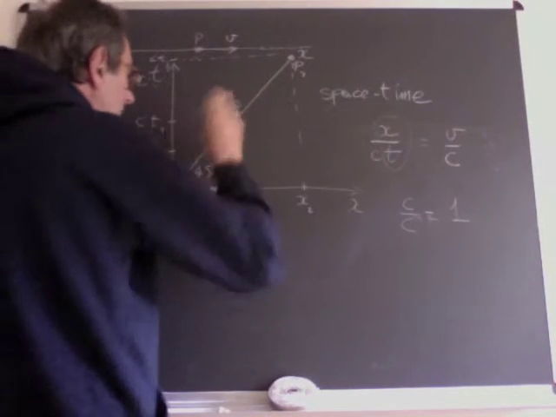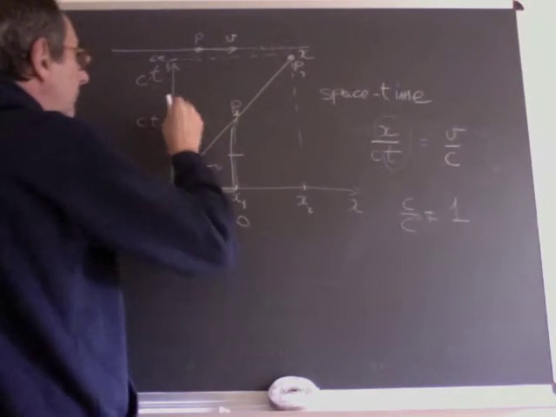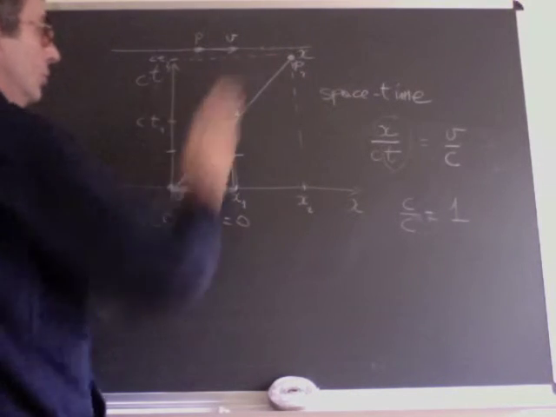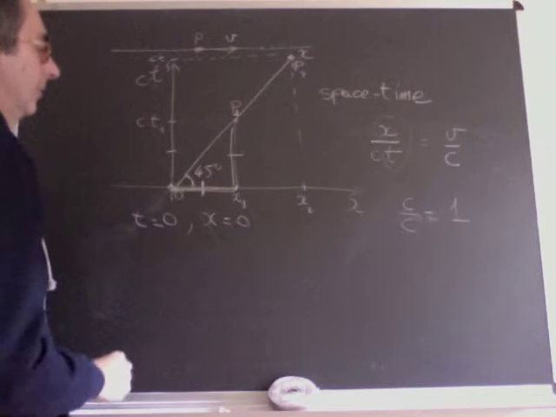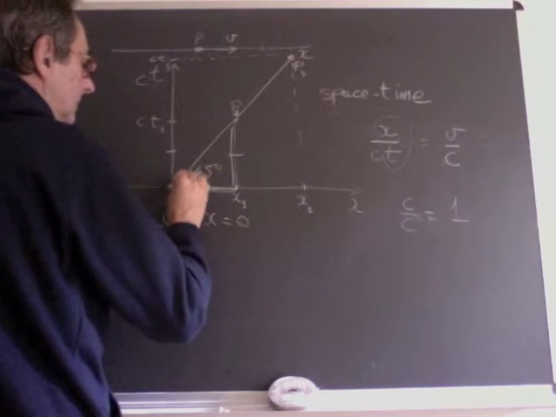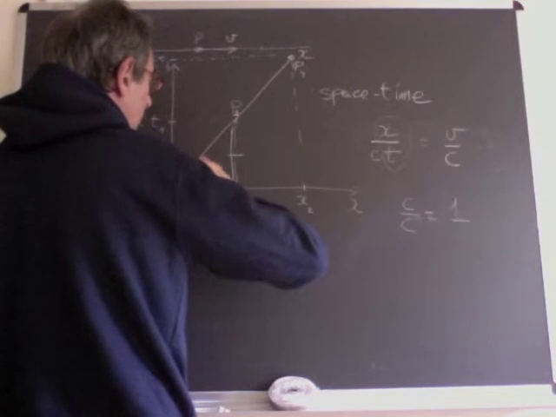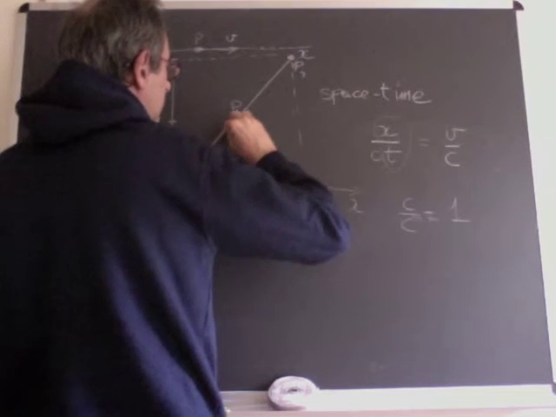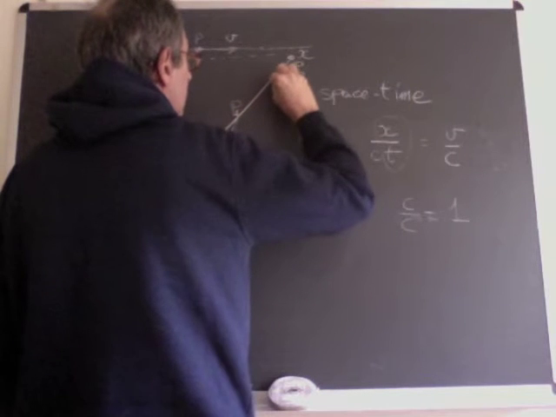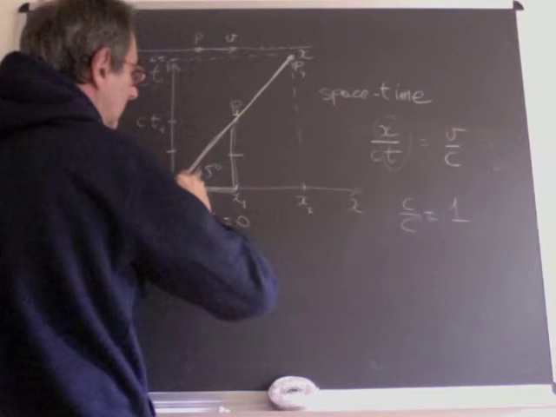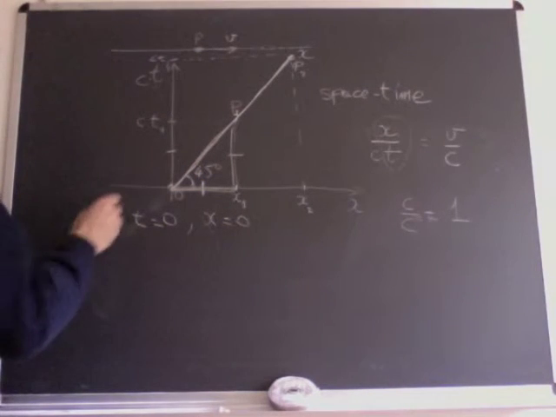Okay? This means that if I use this Minkowski diagram to represent the motion of a body in the space-time, I will have that the light moves always along a 45 degrees inclined straight line.